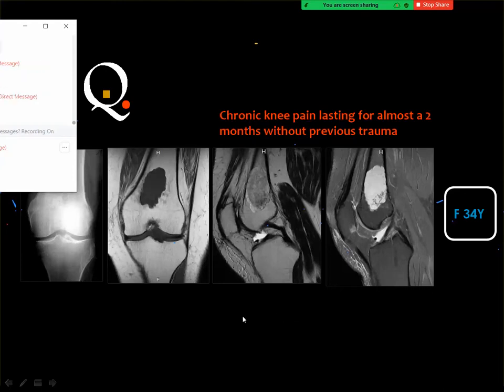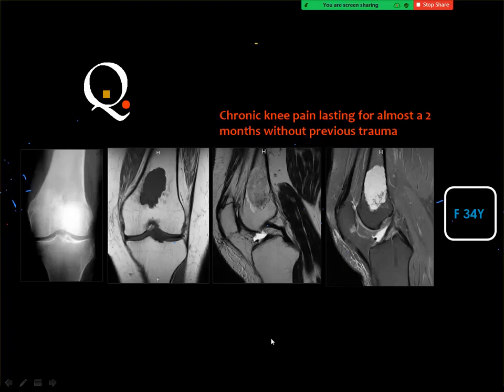Simple bone cyst, non-ossifying fibroma. Okay, and you remember that simple bone cyst is an expanding lesion that is located mainly in the proximal femur and the proximal humerus. Non-ossifying fibroma is a cortically based lesion, and it usually shows low signal in all pulse sequences because of the fibrous component of the tissue.